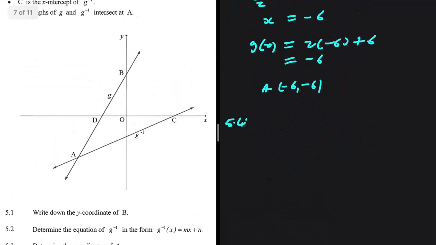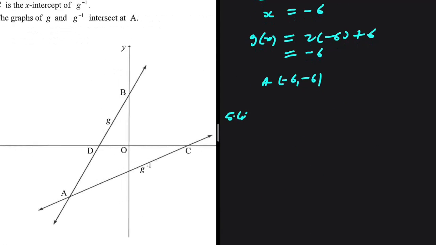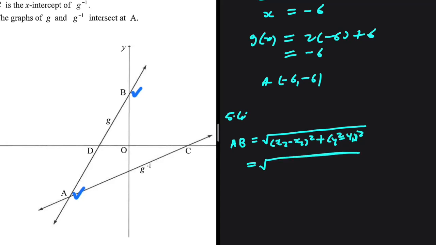In 5.4, we're looking for the length of AB. We have the coordinates of A and we have the coordinates of B. So finding the length of AB should be pretty much straightforward. We're going to use the distance formula. That is the square root of x2 minus x1 squared plus y2 minus y1 squared. The coordinates of B are 0 and 6. The coordinates of A are minus 6 and minus 6.